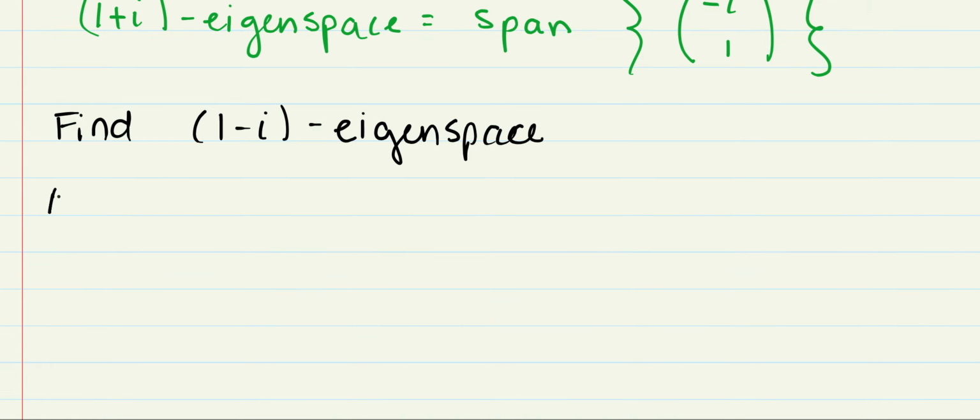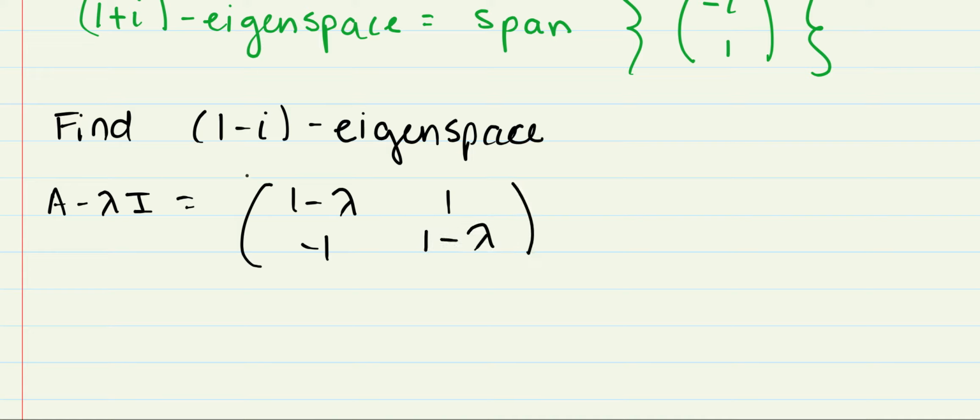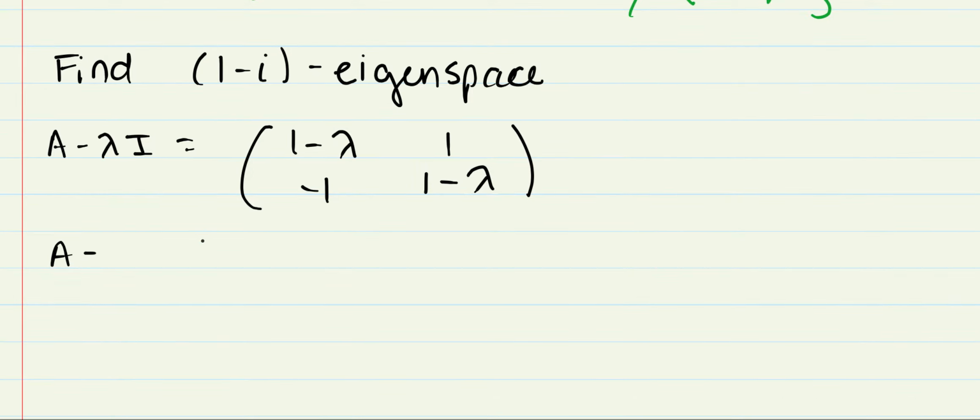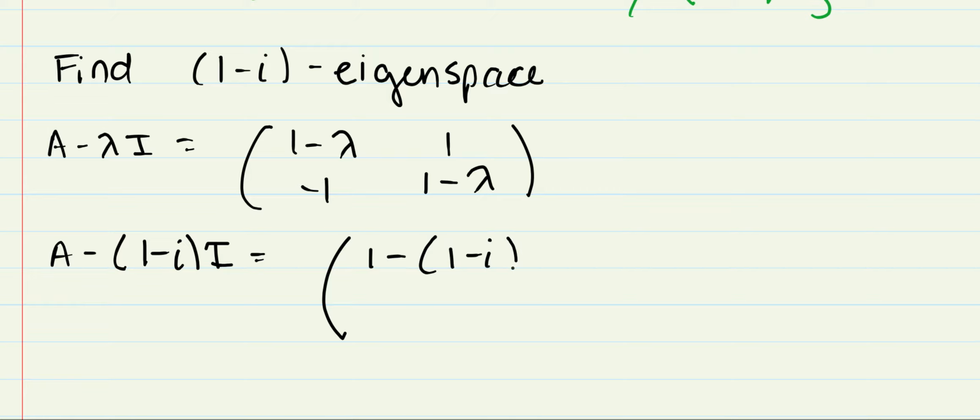So our matrix A minus lambda I was 1 minus lambda, 1, negative 1, 1 minus lambda. So wherever we see a lambda, we're going to put in 1 minus i. And we get 1 minus i, negative 1, 1, 1 minus i.